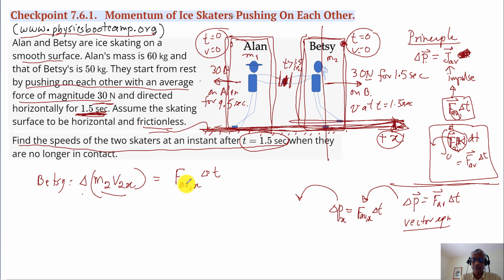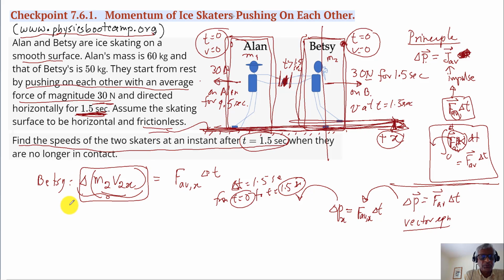So that's the equation for Betsy. This is over an interval, delta t is 1.5 seconds, and so this is evolving from t equal to 0 to t equals 1.5 seconds. So this is the final time, and this is the initial time. This is the difference between those two.